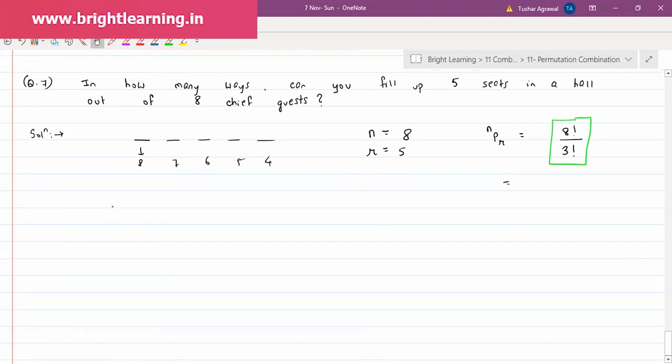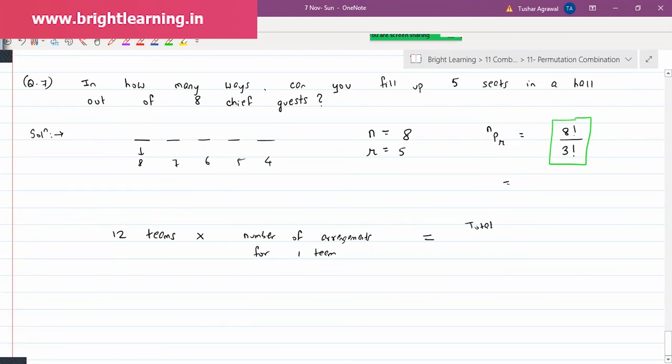So 12 teams multiplied by the number of arrangements for one team is equal to the total arrangements of 5 chief guests out of 8 chief guests.